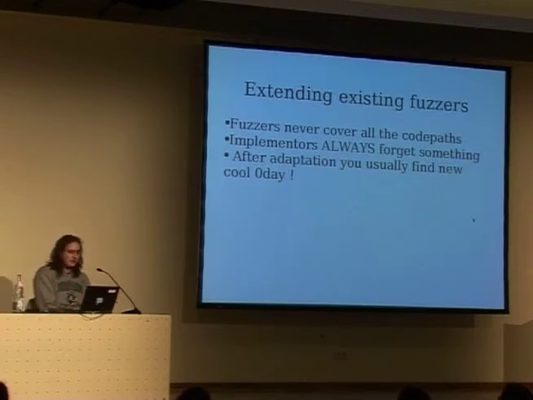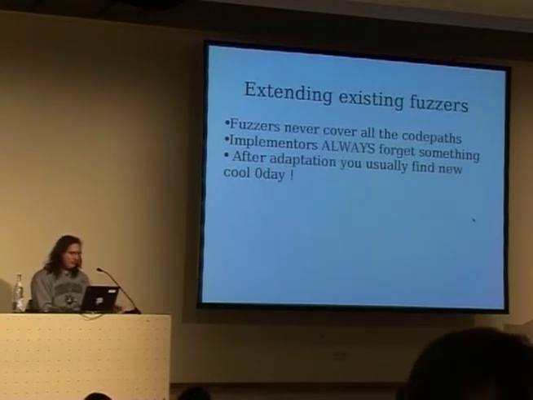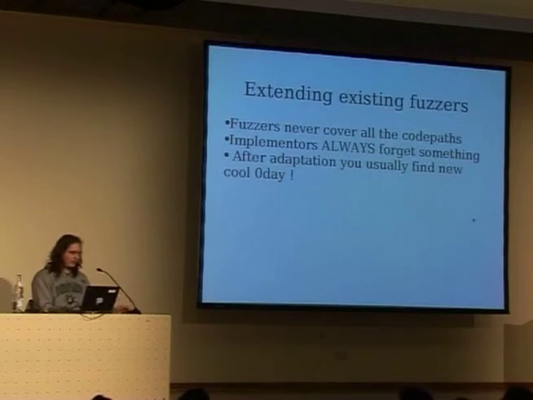So take any fuzzer that anybody ever made, look at what it does, and then think about things they've forgotten. If you implement those, and then run your tool against whatever they ran it against before and all the bugs they fixed, I can almost guarantee you that you'll find new things. You don't always have to start from scratch. Just take other people's work, build upon it, and usually you find new things.